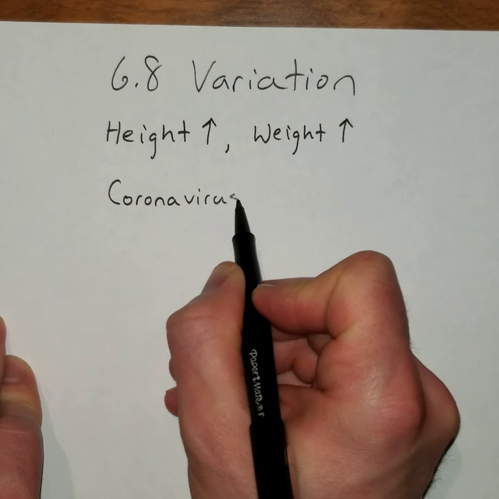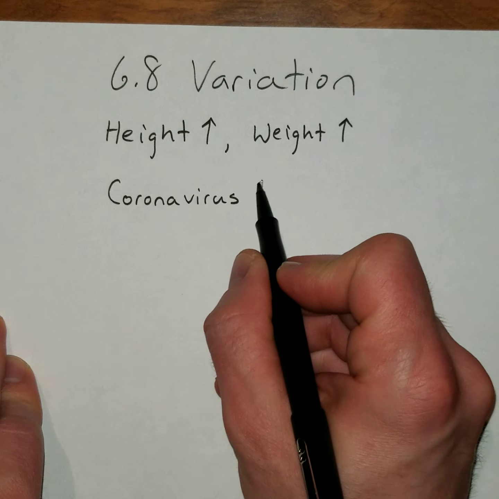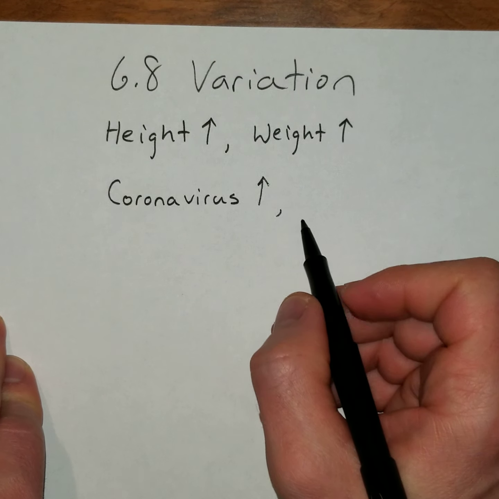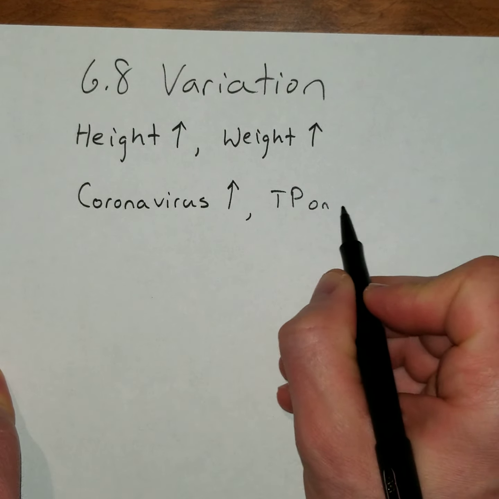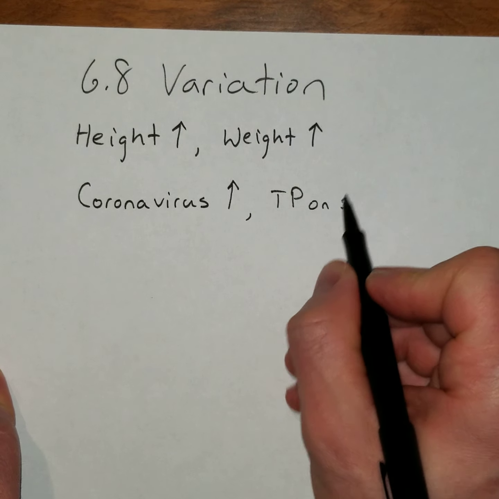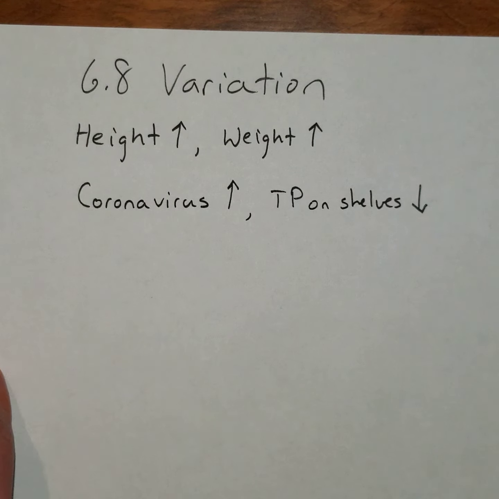As the number of cases of coronavirus increases, the toilet paper on the shelves in the store is decreasing, right? So as the coronavirus increases, the toilet paper on the shelves decreases. So these two things are relating to each other in an opposite way. As one increases, the other decreases.